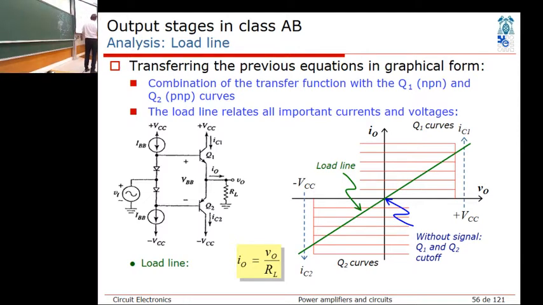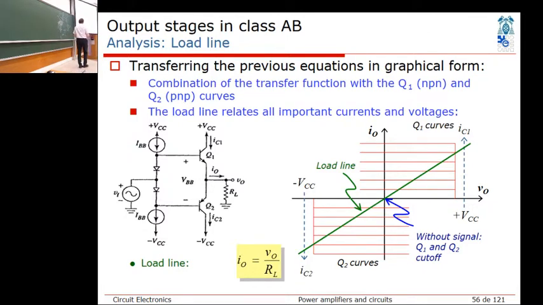There's a load line without signal. Cut off, or Q1 and Q2 cut off is there at the same time. And basically this just states that the load line is very linear. There's no crossover distortion.